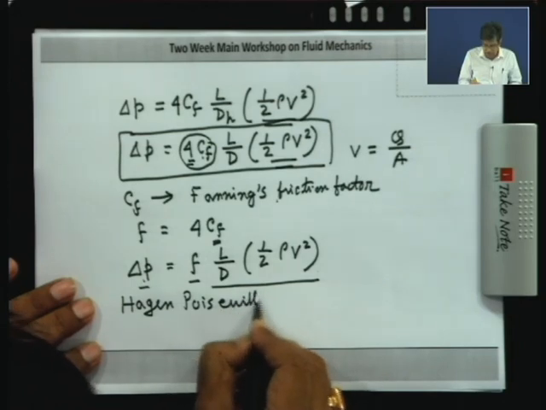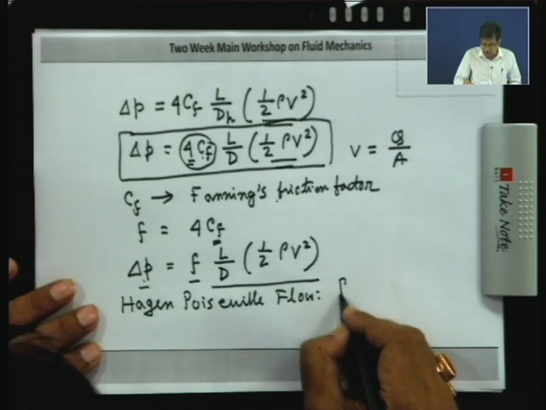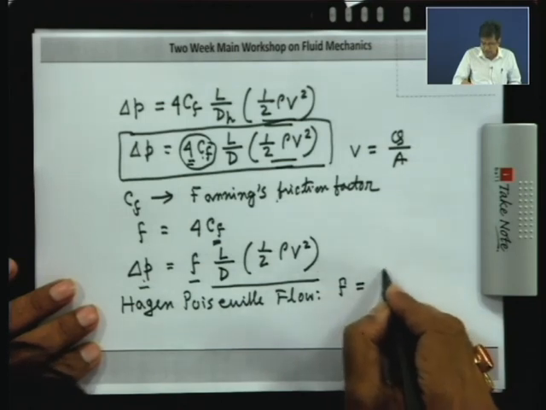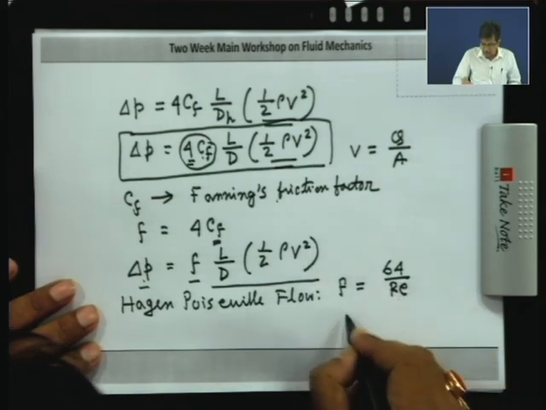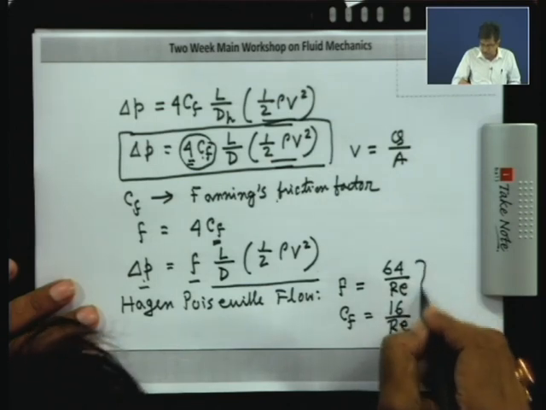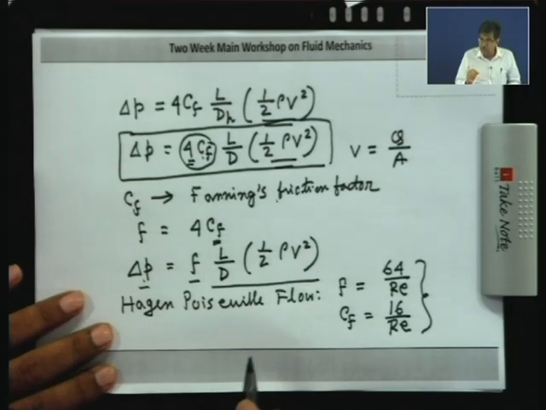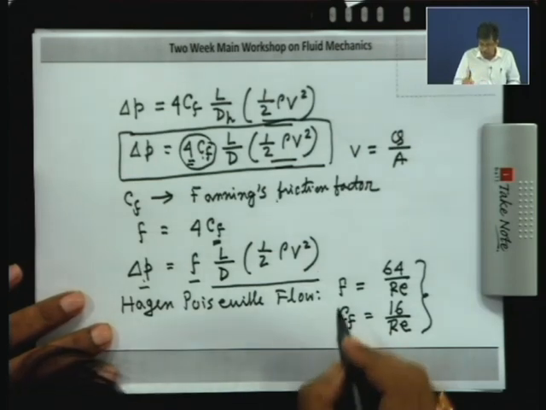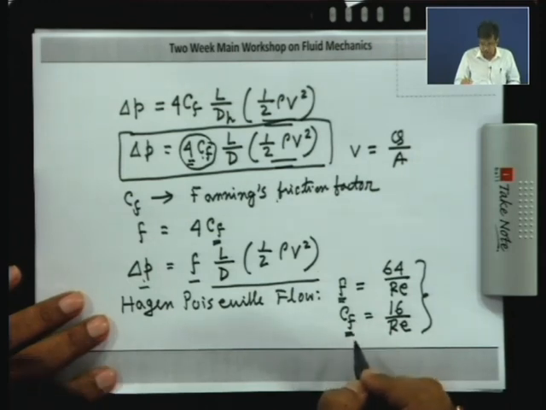For Hagen-Poiseuille flow, we have already found from the exact solution of the Navier-Stokes equation that f is equal to 64 by Re, or the Fanning friction factor is 16 by Re. This has already been solved by Professor Suman Chakraborty. So, therefore, we see that for a laminar incompressible fully developed flow, the solution is available from analytical solutions, that is, exact solutions of the Navier-Stokes equation.